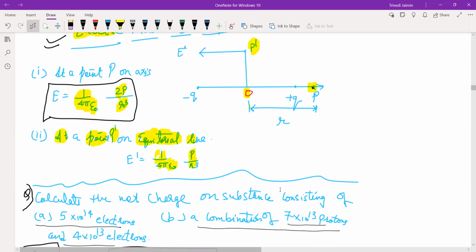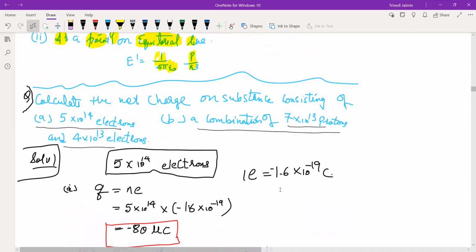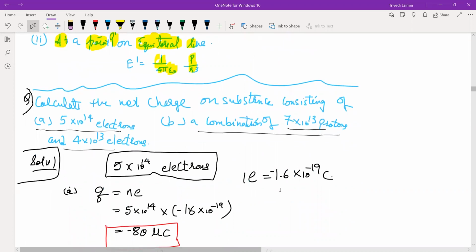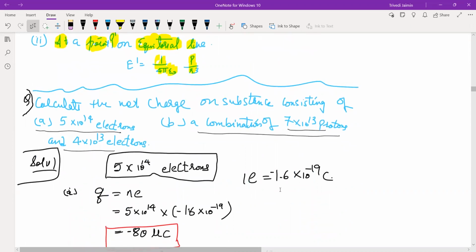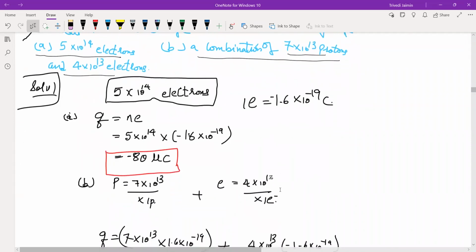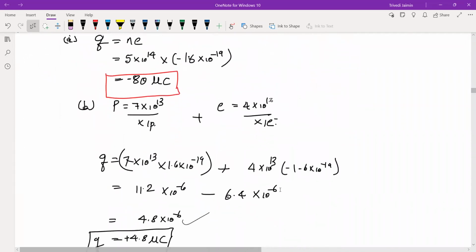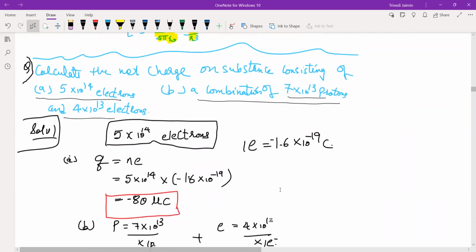So what answer are you getting? First is 8 into 10 to the power minus 5, and second is 4.8 into 10 to the power minus 6. Sir, I got minus 8.